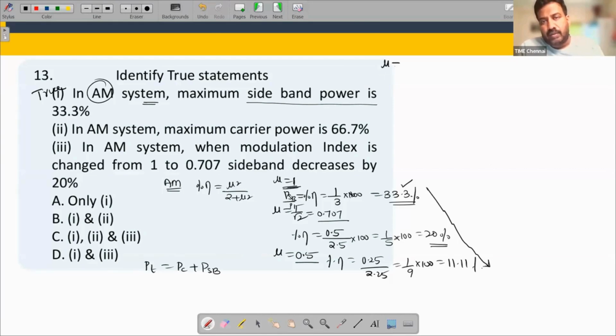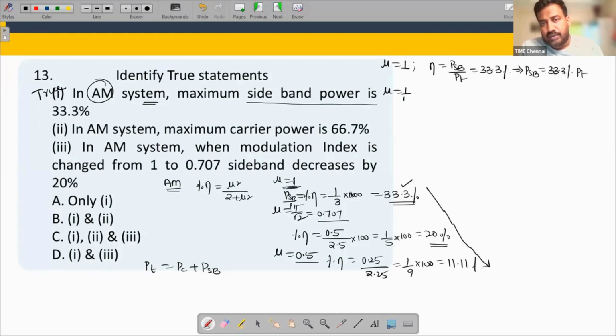When mu is equal to 1, eta, which is sideband power by total power, is 33.3%, implies sideband power is 33.3% of total power.